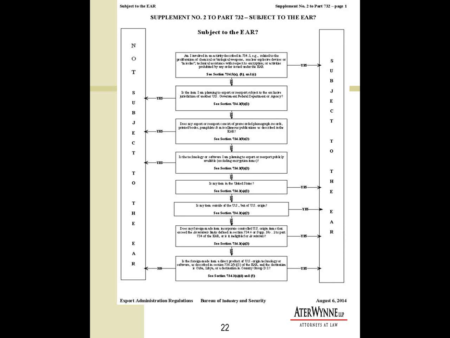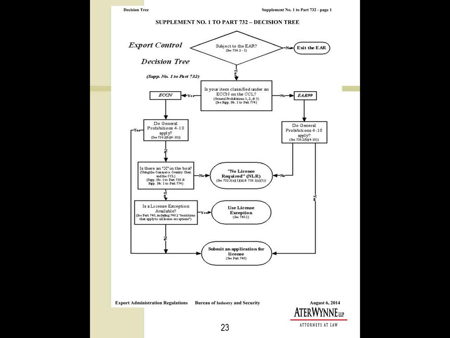But to move on to the next slide, if in going through the first part of the chart in section 732, a company determines that, well, it looks like we have a commercial product, and it looks like our product is correctly positioned under the Export Administration Regulations. Now what? Do we need a license or don't we need a license?